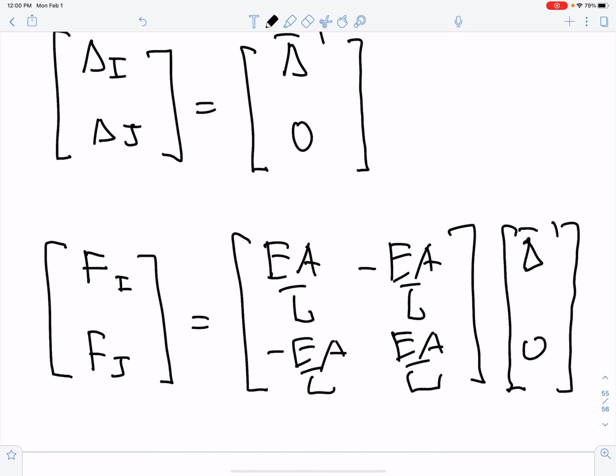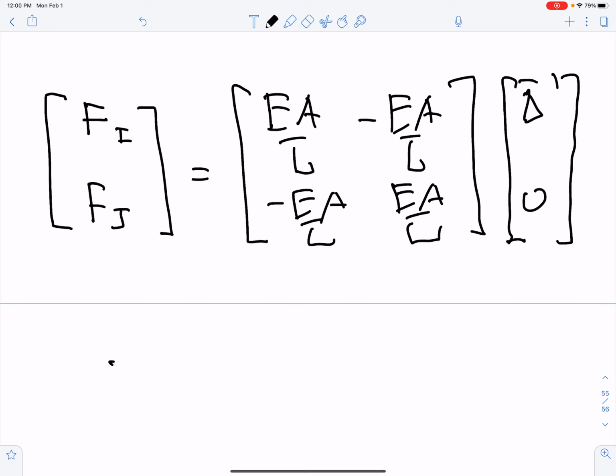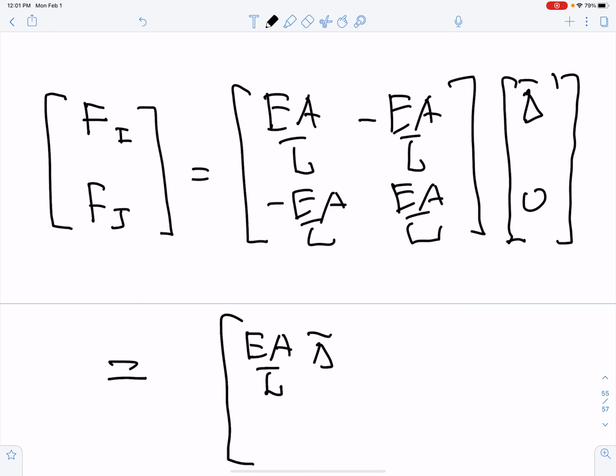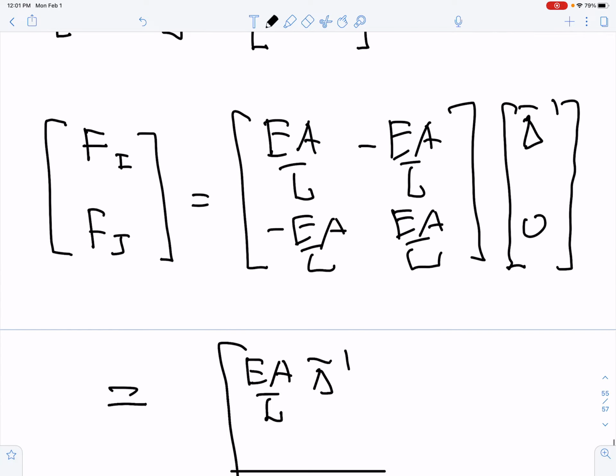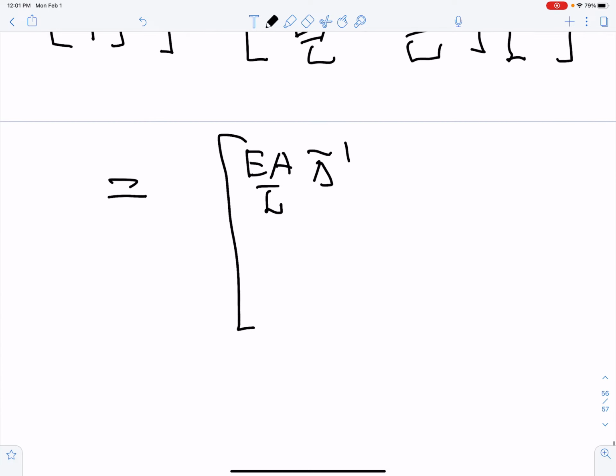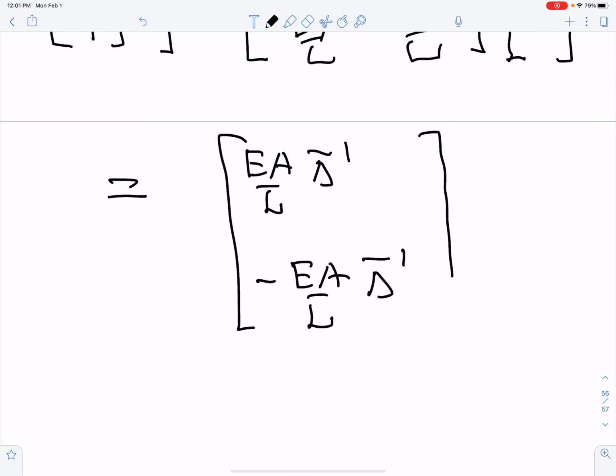So let's do this calculation. EA over L multiplies delta prime, minus EA over L multiplies 0. I get EA over L times delta bar prime. And in the second slot, it's minus EA over L times delta bar prime.